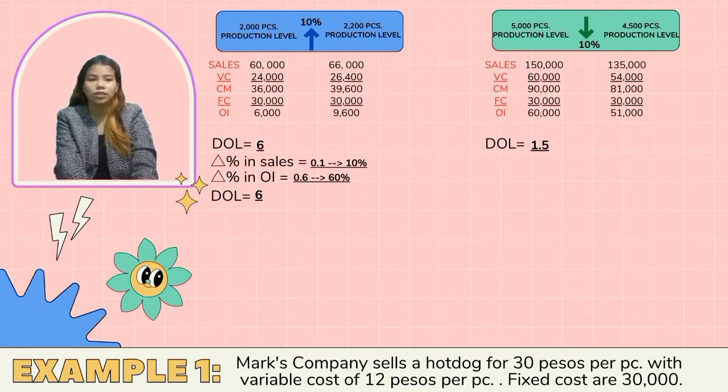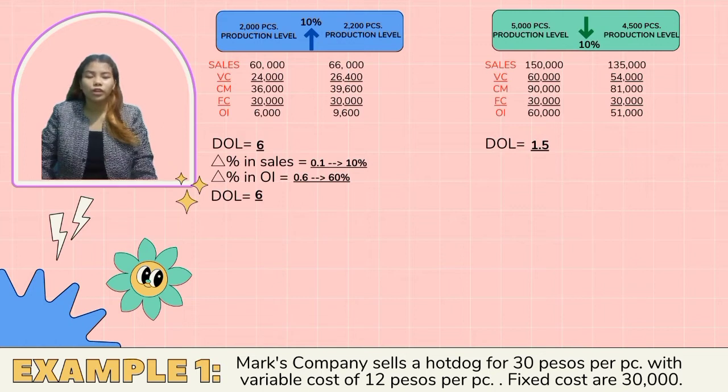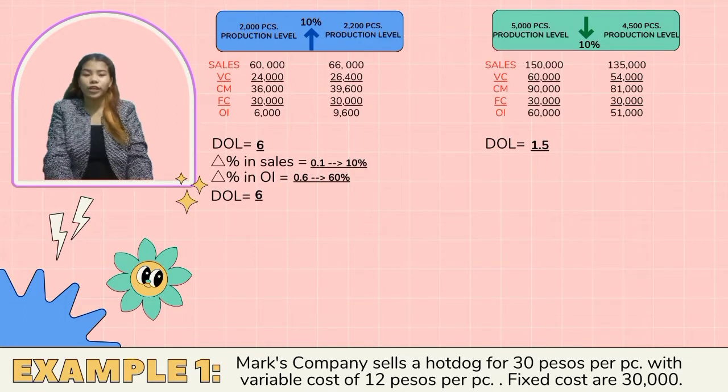Then subtract it, so the difference is 81,000, and that would be our contribution margin. For the fixed cost, it's still going to be the same, 30,000, and then subtract it, and our new operating income will be 51,000.